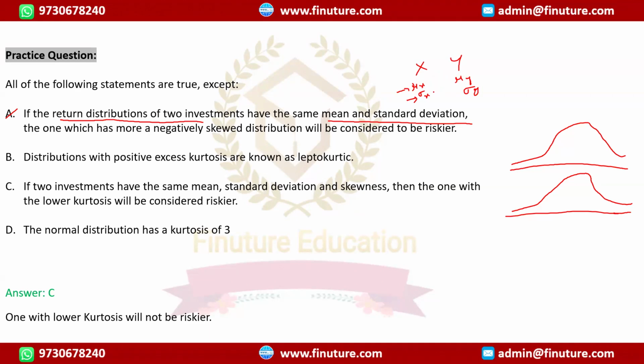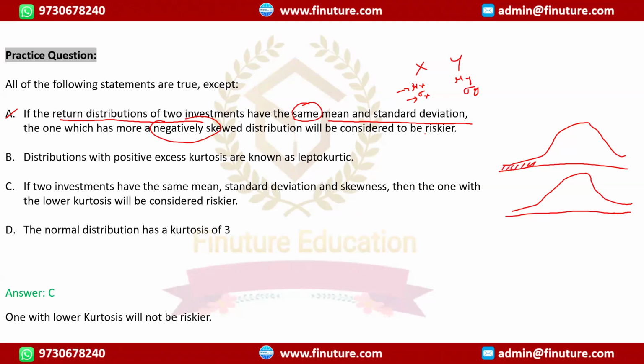Ideally, usually we look at the standard deviations, but you are given that those are the same. But you are given one additional piece of information, that one of these has negative skew. Negative skew means that negative returns have a higher probability.